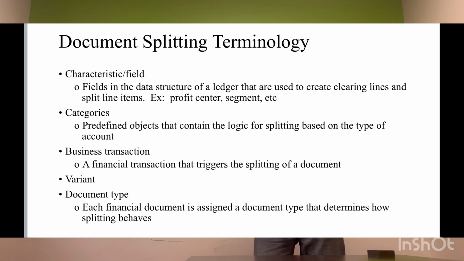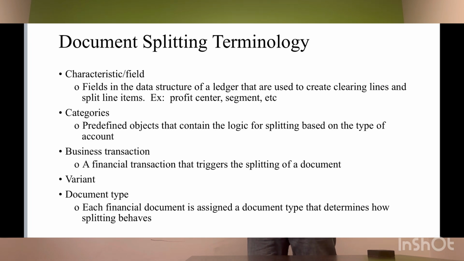For example, a profit center and a segment. These are characteristic / fields that'll be used interchangeably, characteristic or field, okay?